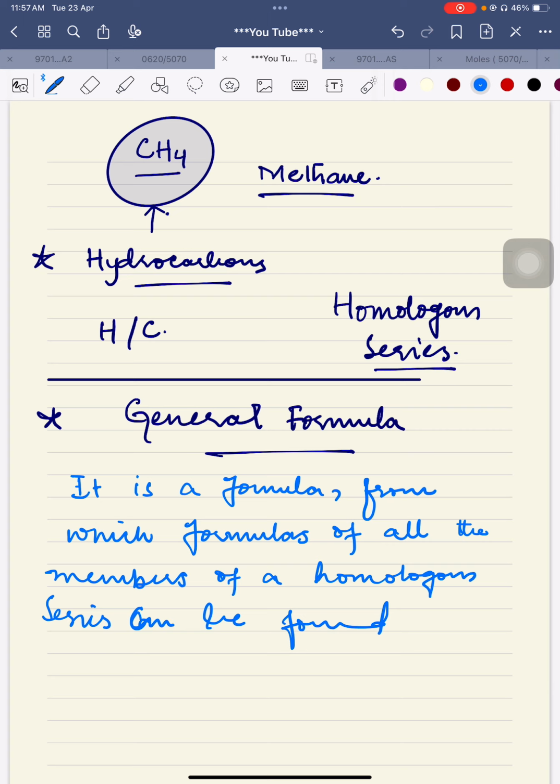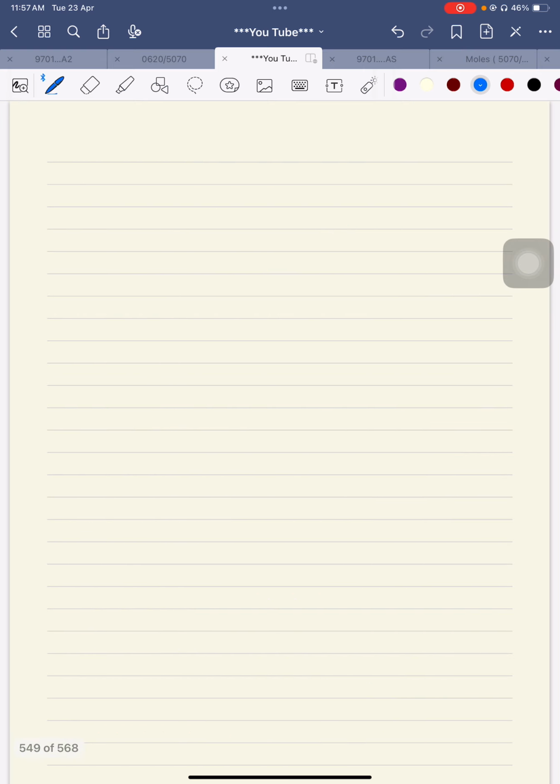Okay, now I'm on the next page and I am going to tell you what is a functional group. I will make list-type things so that things become easier for you and all of you can sum up the things under one roof.